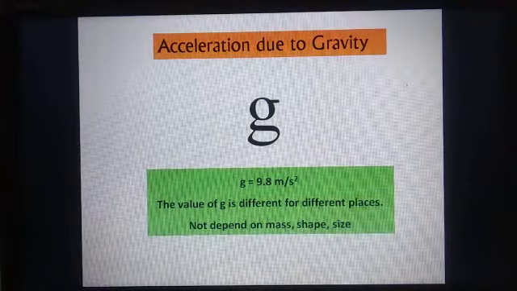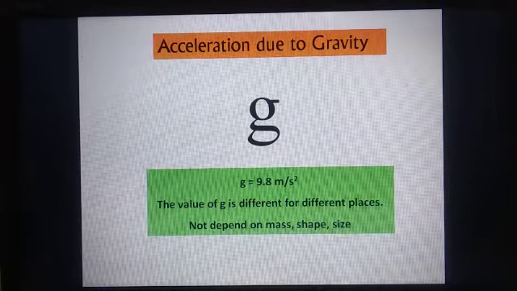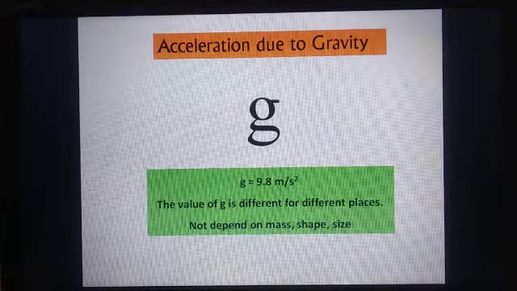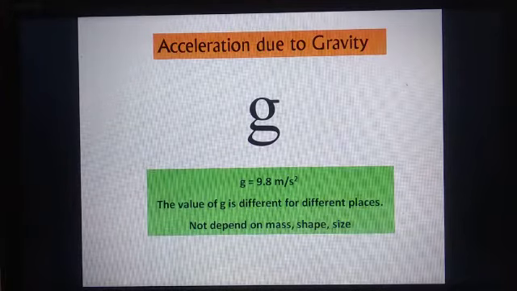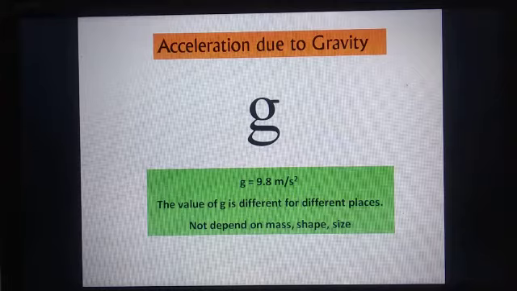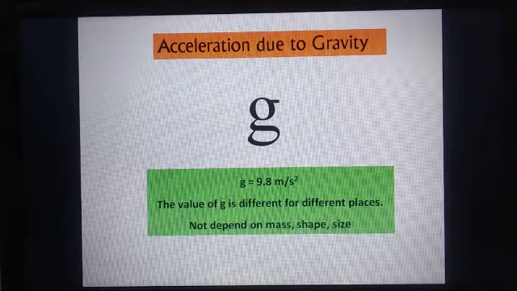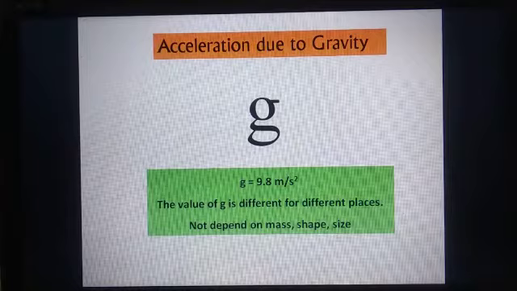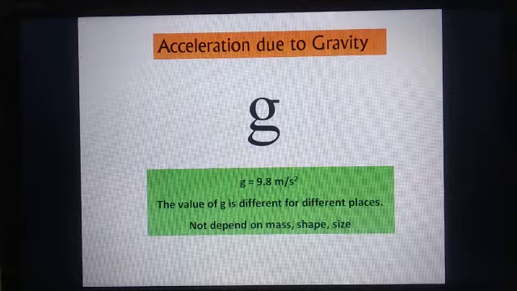Now next we see the acceleration due to gravity. As we know, in general, what is acceleration? Acceleration is the rate of change of velocity. But here we observe in case of gravitation, when we throw one object upward above the earth, that body comes towards the surface of earth.